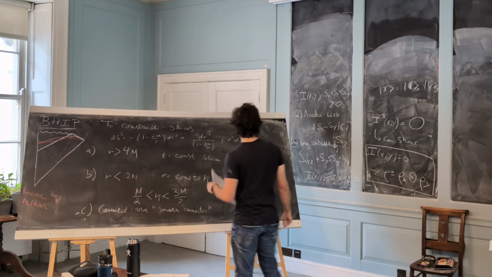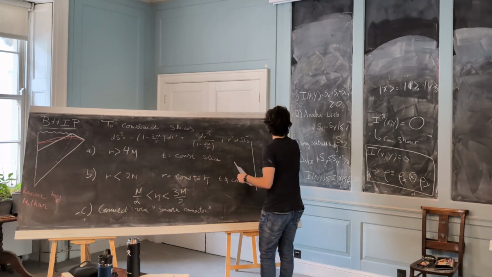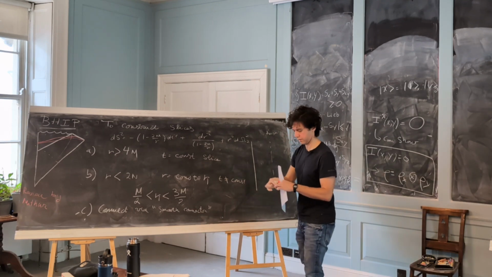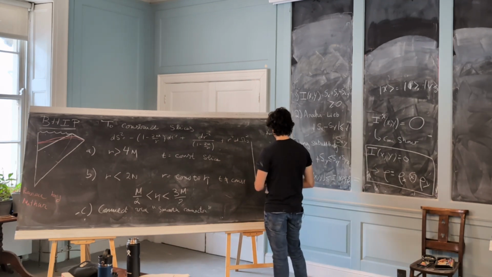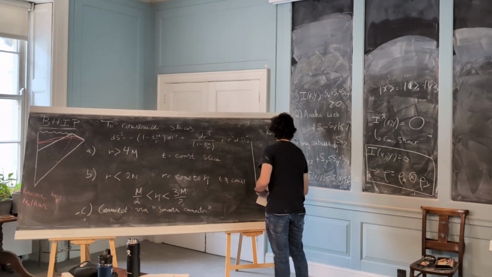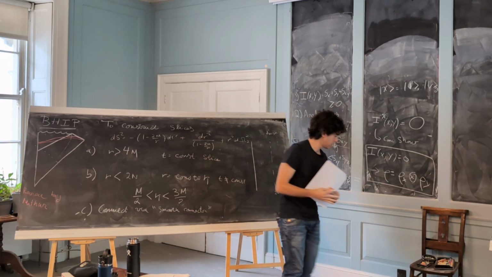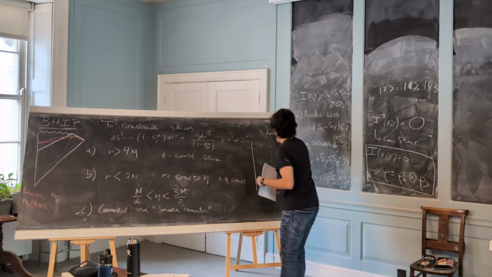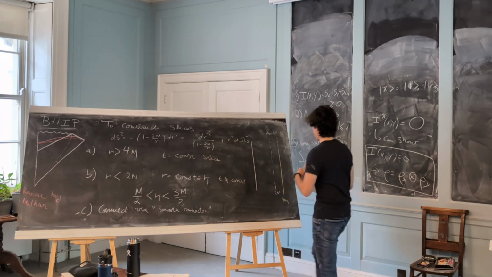And I'm going to draw these slices for you. Here is the horizon, so this is R equals 2m. This is R equals 4m.